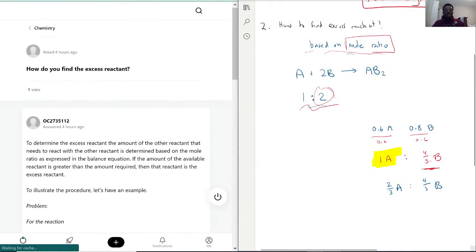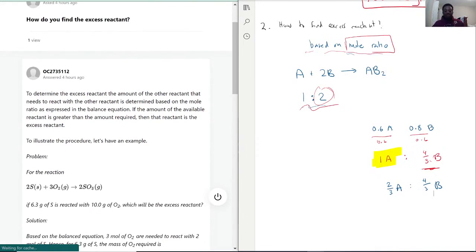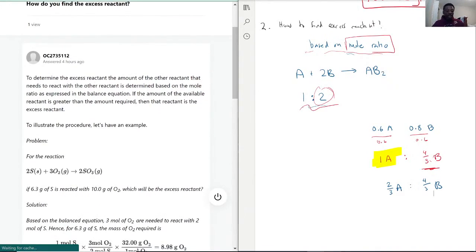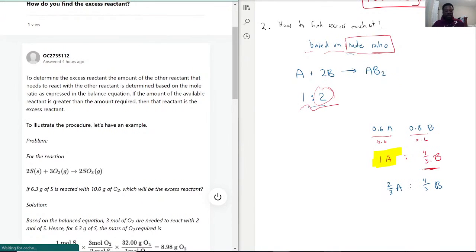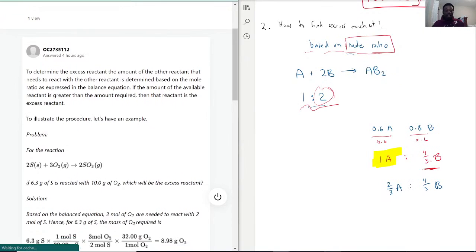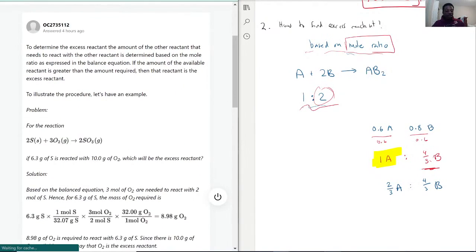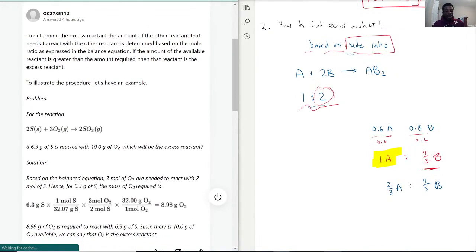So with that being said, they actually have a more concrete example here. And as they said, they usually start by giving us the grams. If 6.3 grams of sulfur is reacted with 10 grams of oxygen, which will be the excess reactant? So they have 6.3 grams of sulfur, and they're saying that in order for 6.3 grams of sulfur to react completely, they first found out how many moles were in that sulfur, and then they converted the moles of sulfur to the moles of oxygen.